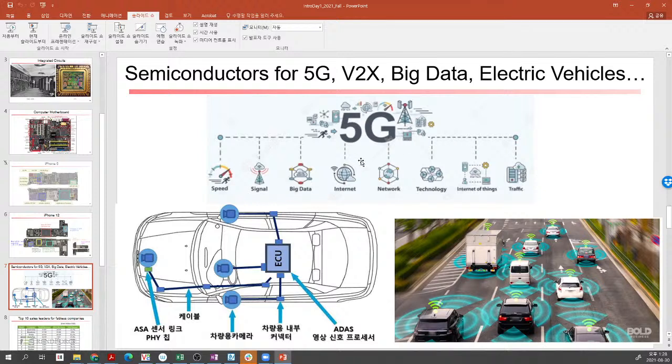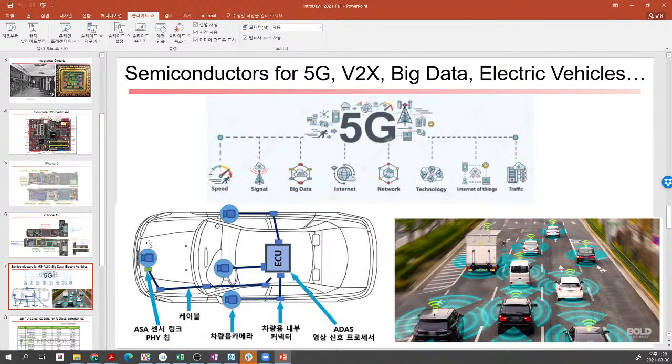For example, in electric cars nowadays, they have sensors like cameras around and inside the car, and such large image data is transferred to the central unit like the ECU, which processes the videos.